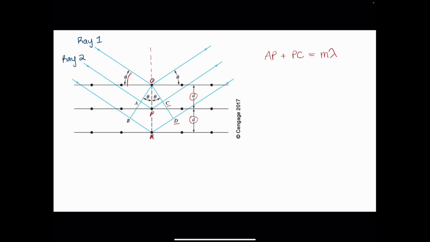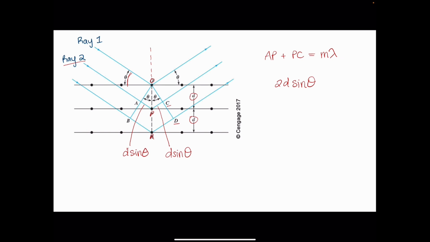But ray 2, if we're looking at the second ray here, travels further than ray 1 by a distance of d sine theta. So by the time both beams are reflected, since this distance is the same, also d sine theta, ray 2 must travel an extra 2d sine theta in order to be in phase with ray 1, which is traveling a shorter distance.